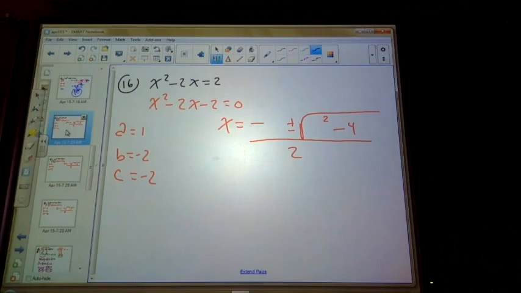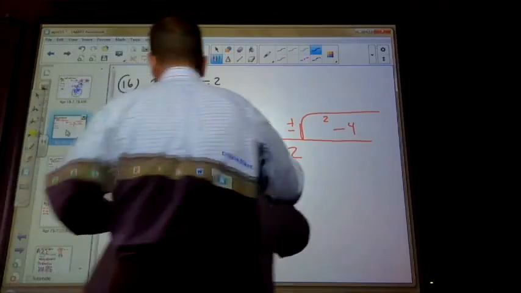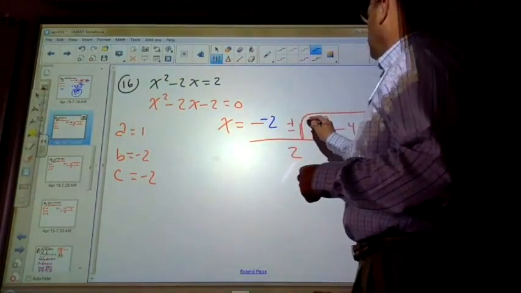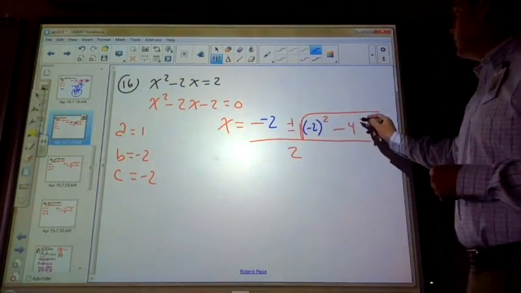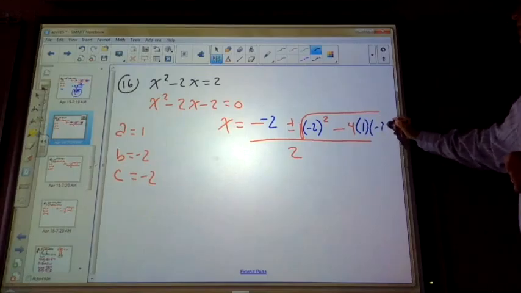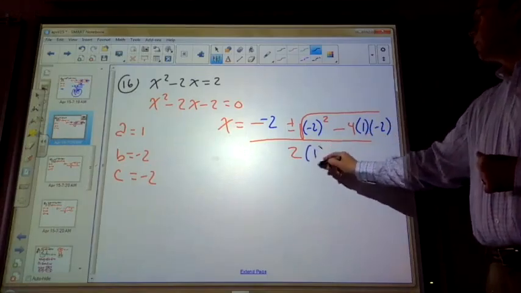Number 16. Before we label our A, B's, and C's, we have to make sure we have it equal to 0. So I subtract the 2, bring it over. Now my A value is 1, my B value is -2, and my C value is also -2. Let's plug in what we know. X equals -b, plus or minus square root there, minus 4ac, all over 2a.